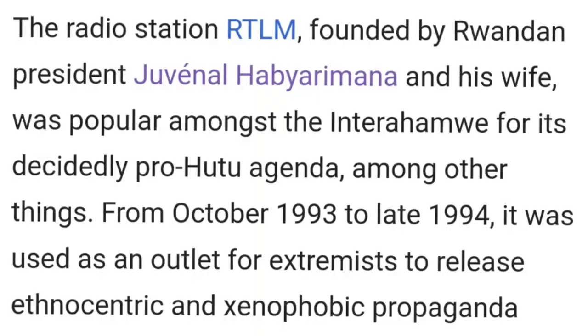Now, Habyarimana was not only facing a problem from the RPF, but also from a very radical Hutu group. The radical Hutus were opposed to the reforms Habyarimana was making with the Arusha Accords, and they were looking for an opportunity to encourage violence and hatred against the Tutsi.